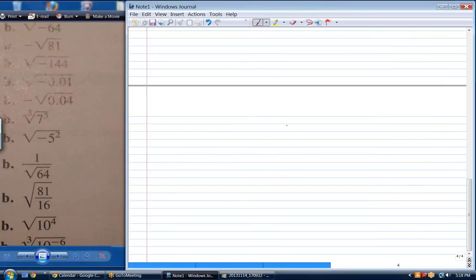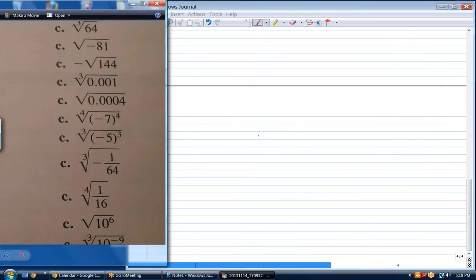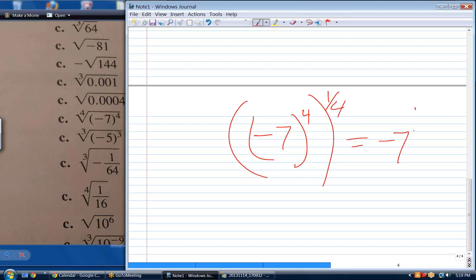I'm not really positive which one is correct. And the reason is that if I write it like this, which is my inclination to do, and multiply the exponents, then I get -7 to the 1. So -7 would be the answer.